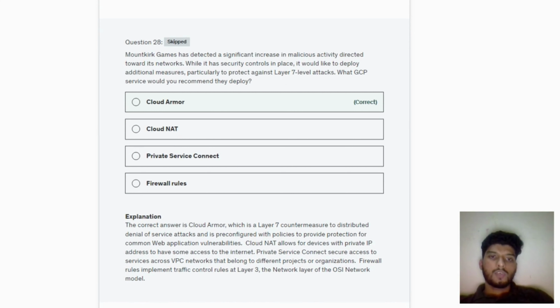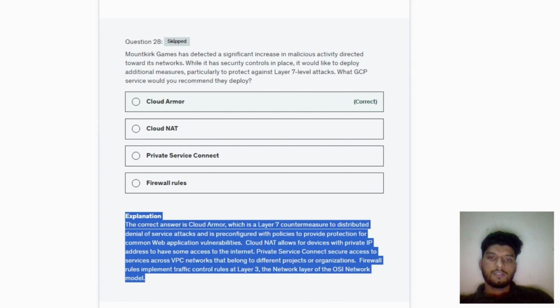And here is the explanation of why Cloud Armor is the correct answer, because it is a layer 7 countermeasure to distributed denial of service attacks, and Cloud NAT allows devices with private IPs and private access to services across the VPC networks, and the network layer of the OSI model is a network layer model.